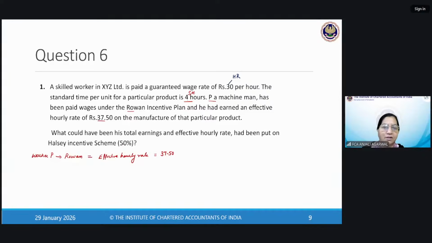Okay. So what is given? Standard hours are given, hourly rate is given and effective hourly rate is given. What is not given is actual hours. So first we'll prepare a working note.